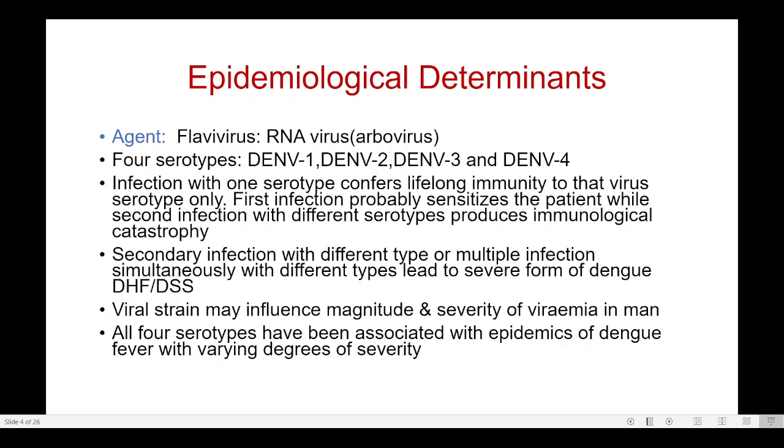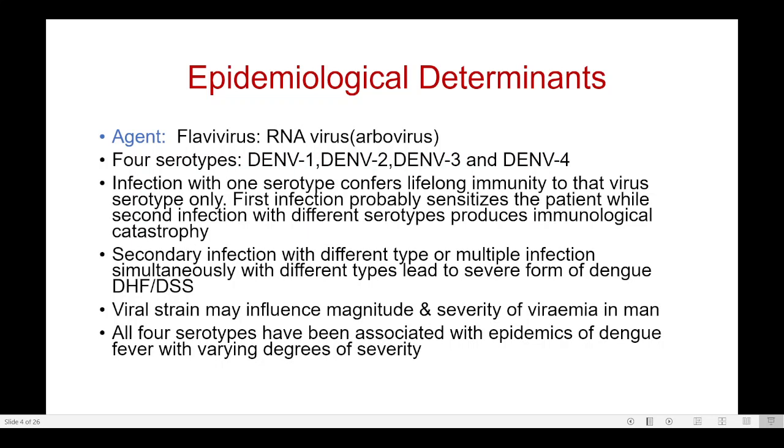Probably the first infection, that means infection with dengue virus type 1, sensitizes the patient when it occurs repeatedly or at the same time with different serotypes. It produces an immunological catastrophe which gives rise to a severe form of dengue, that means dengue hemorrhagic fever or dengue shock syndrome.